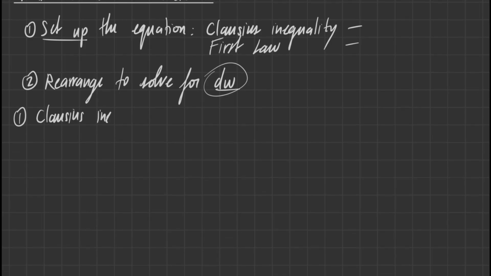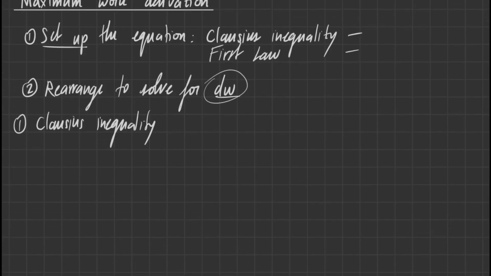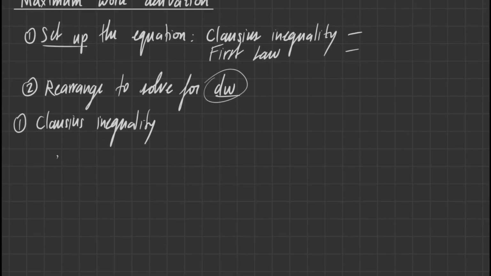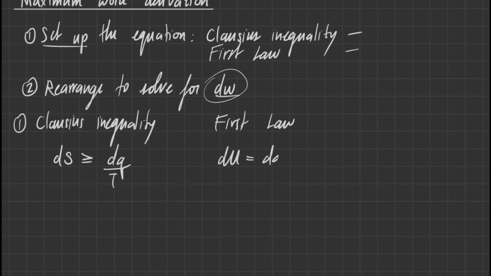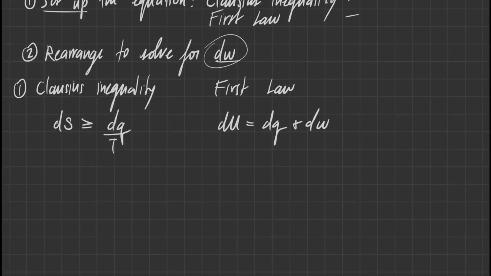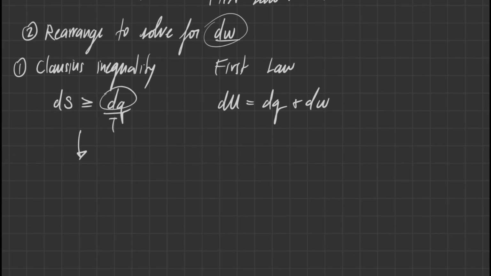So in the first step, the Clausius inequality, which is true for irreversible spontaneous processes, is dS is greater than or equal to dq over T. And then we have the first law, which is dU is equal to dq plus dw. So we want to rearrange this to isolate dq.